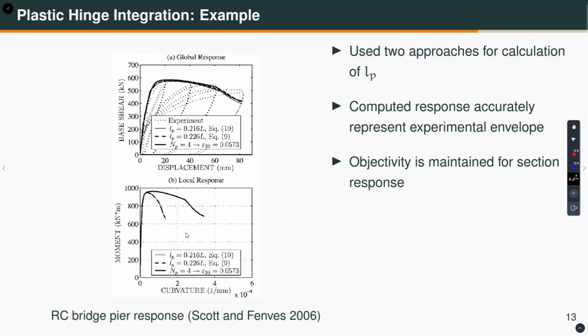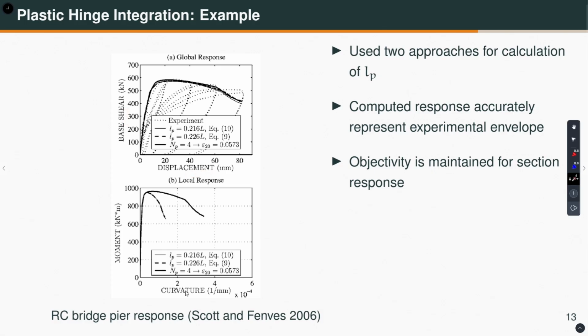Okay. So with this, they have used 2 approaches for calculating the length of plastic hinge. One is the Pauli-Priestley equation and the other one is another equation. You can go to the paper and look at it, and their response is now matching quite well with the experimental data for base shear versus displacement.